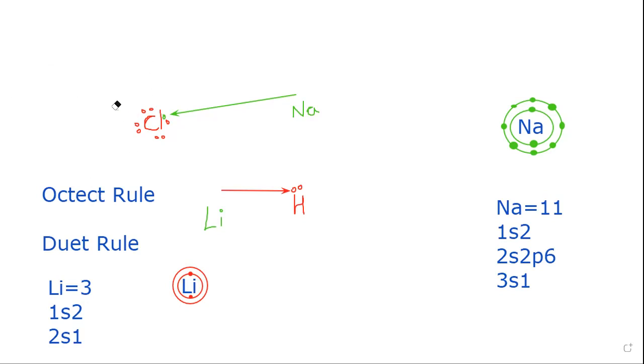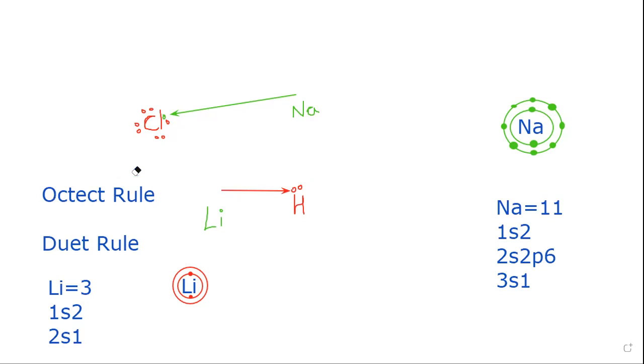Chlorine is in equilibrium when it reaches 8 electrons, and all the atoms, except the small ones, reach equilibrium when they have 2. And again, these are the elements that go from 1 to 5: hydrogen, helium, lithium, beryllium, and boron. They all achieve the duet rule and not the octet rule.